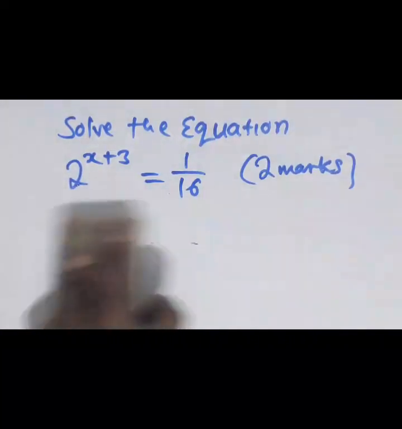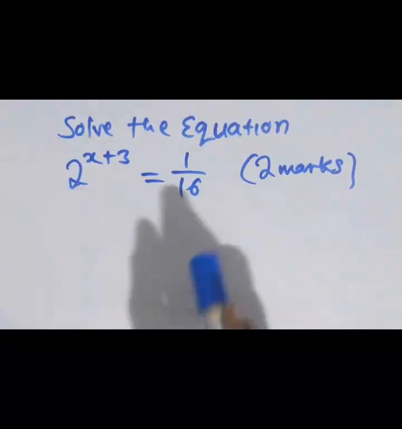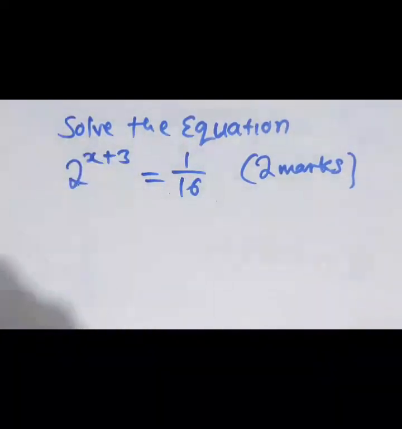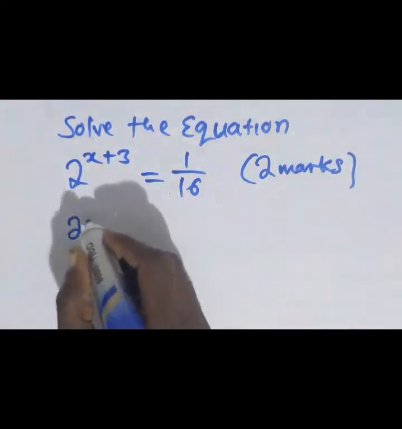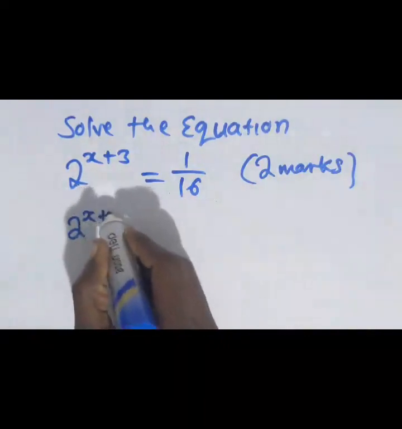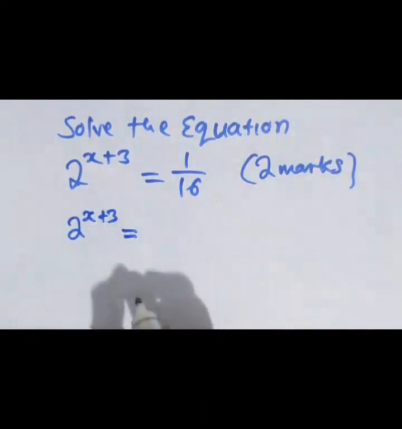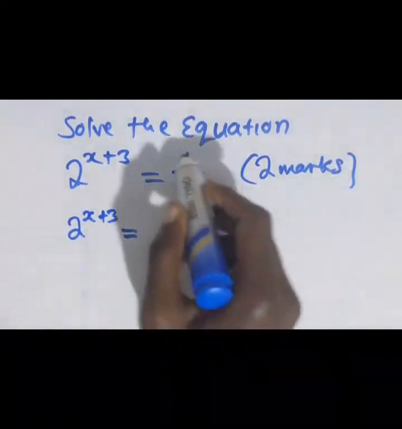Now how do you change this to base 2? It might look difficult, but I promise I'll make it simple for you. It is going to be 2 to the power x plus 3 is equal to. Now how do you change this?